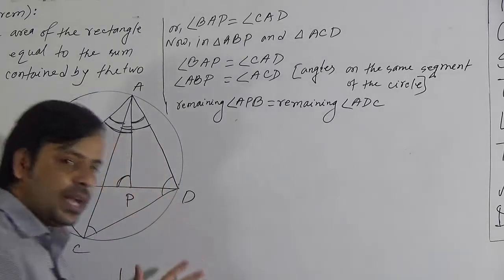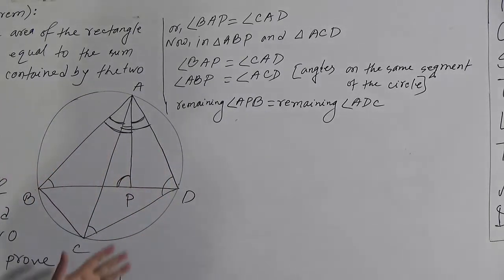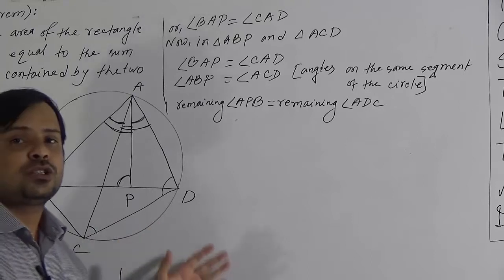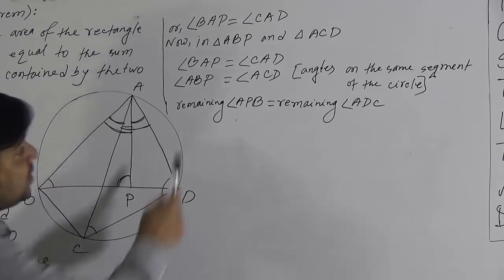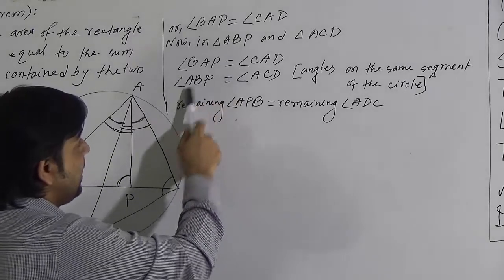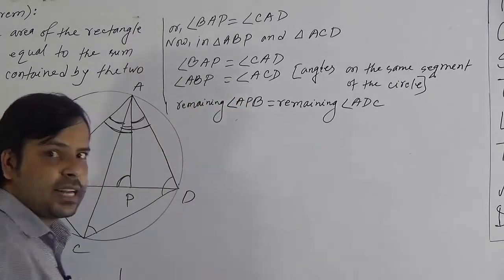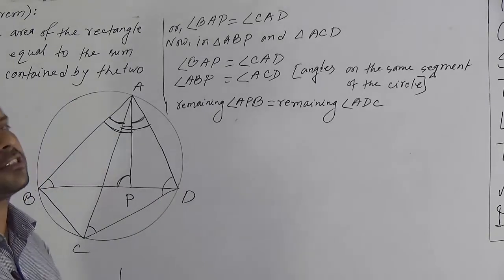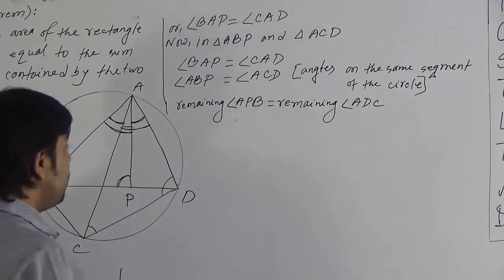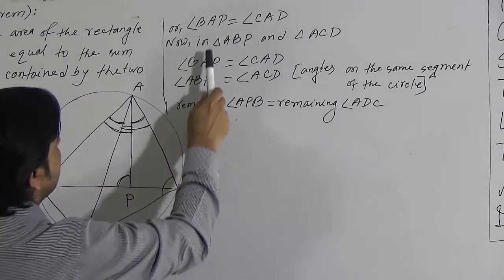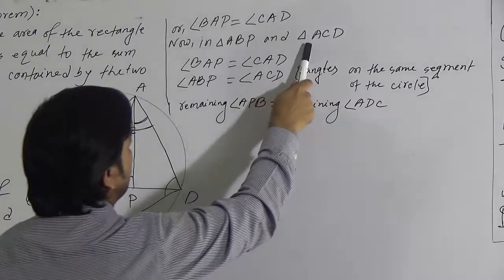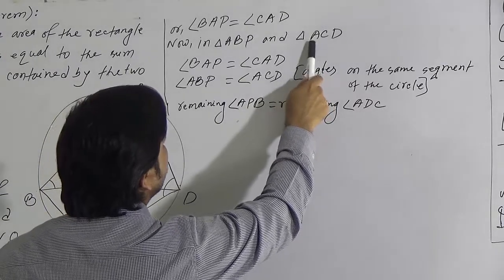You know that the sum of the three angles of a triangle is two right angles or 180 degrees. So as two angles of a triangle are equal to two angles of another triangle, the remaining angle must be equal. So the three angles of triangle ABP are equal to three angles of triangle ACD.